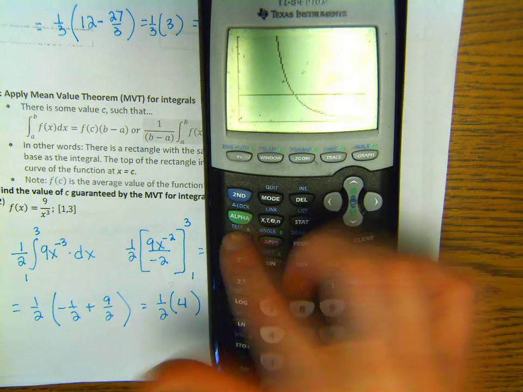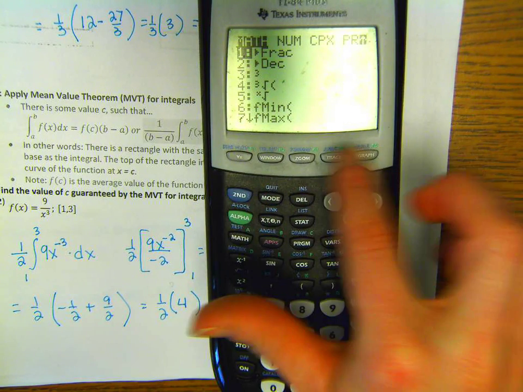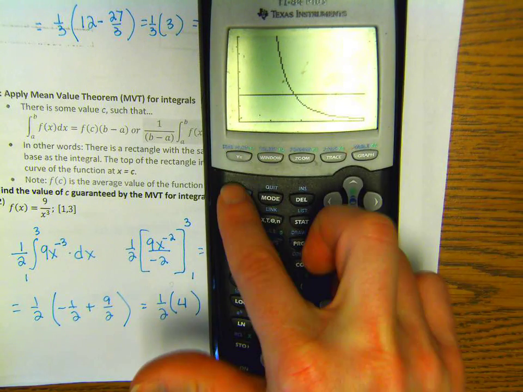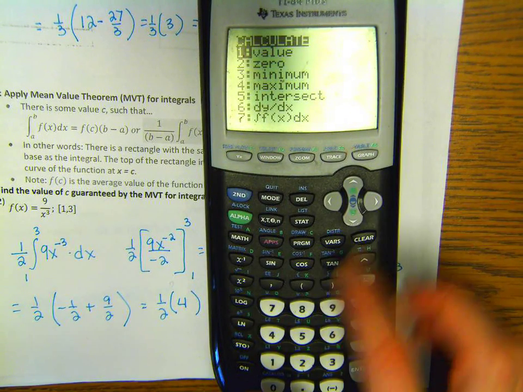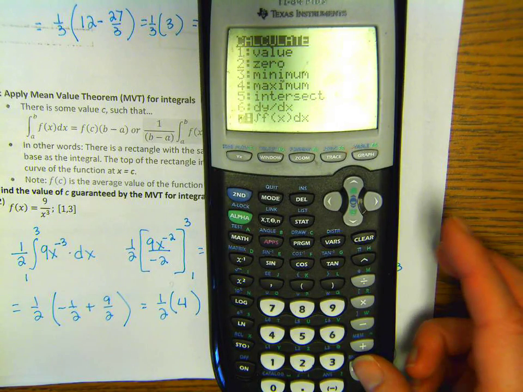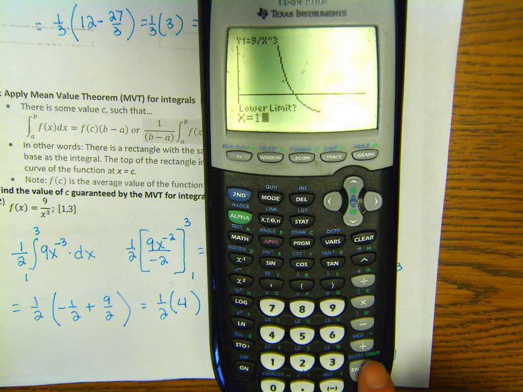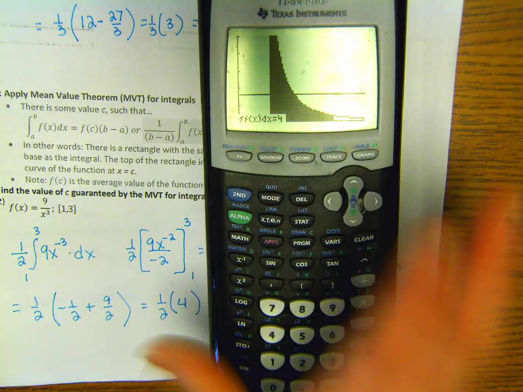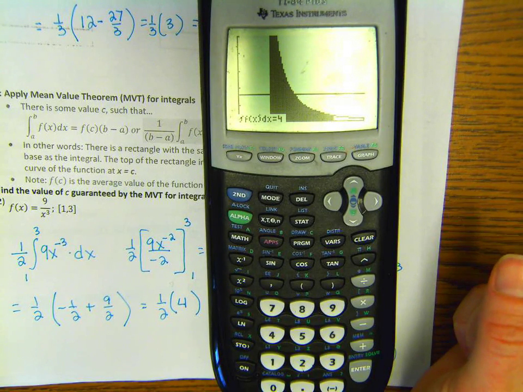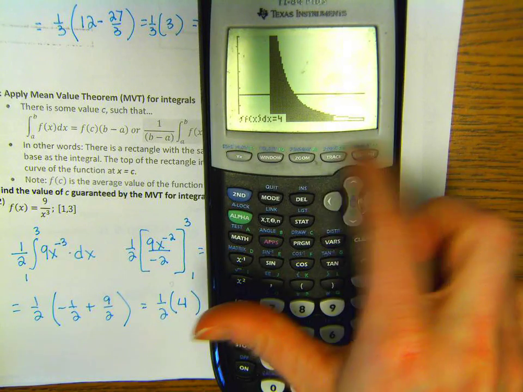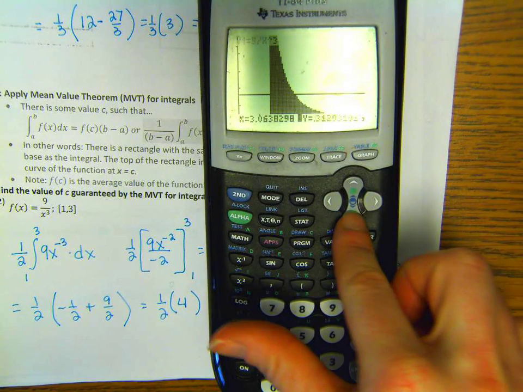If I go to math, go to calc, and then do 7, and I'm going to do it from 1 to 3. Okay, so there's the area under the curve. Then if I do, let's go trace, and I'm going to go on the other line now.